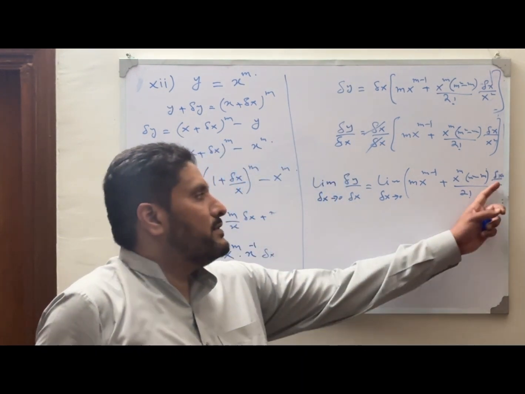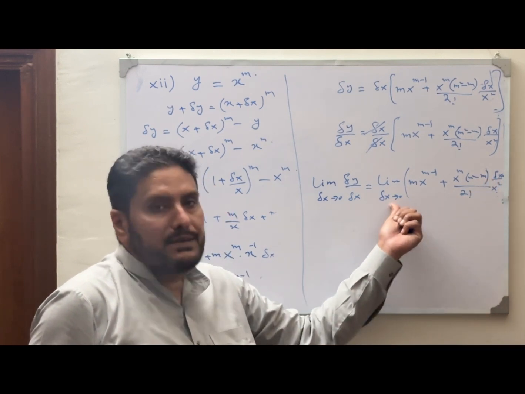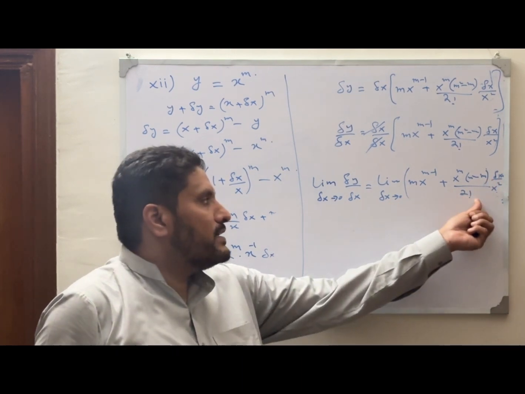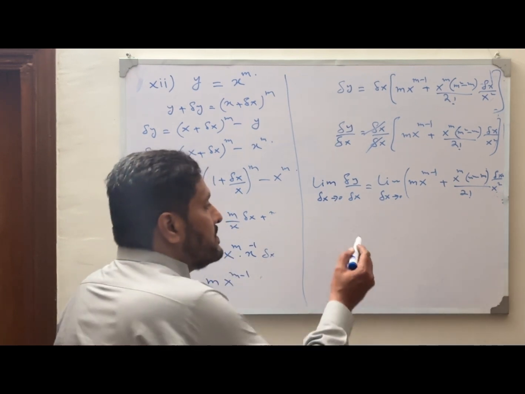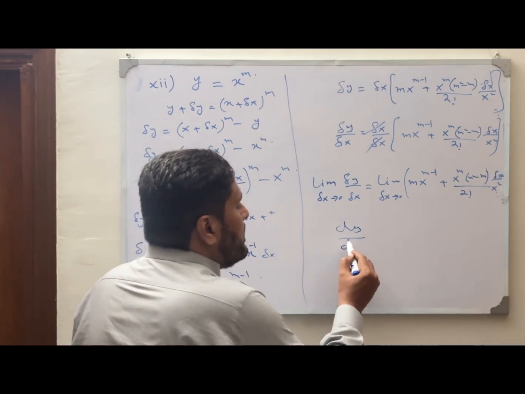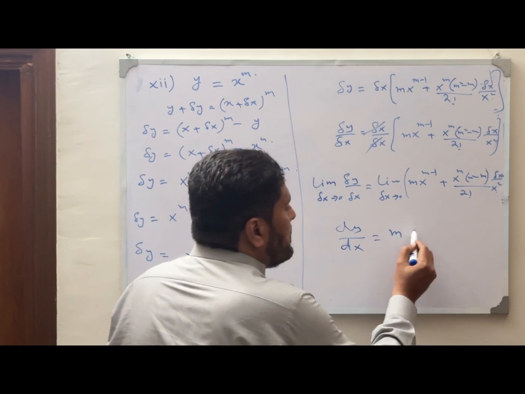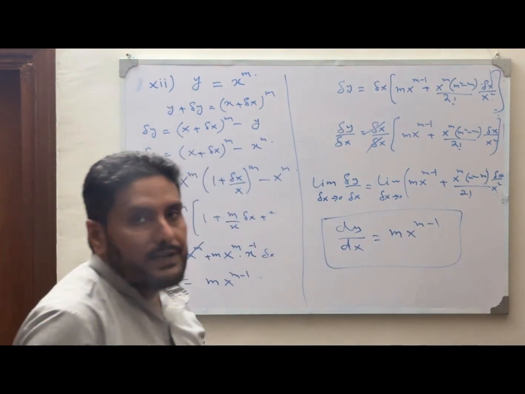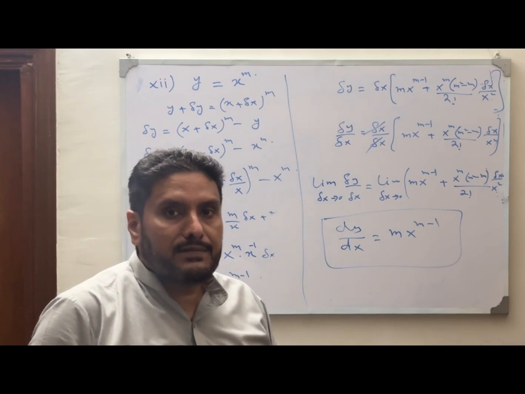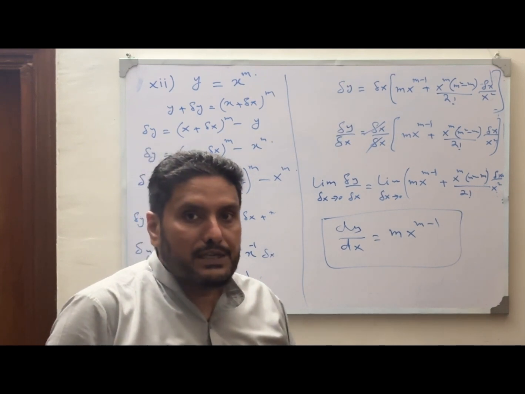In this second term we have delta x involved, and that approaches 0, so the second term will become 0 after applying the limit. So our dy by dx is equal to m x power m minus 1, and that will be our required derivative for this given function by using the ab initio method.